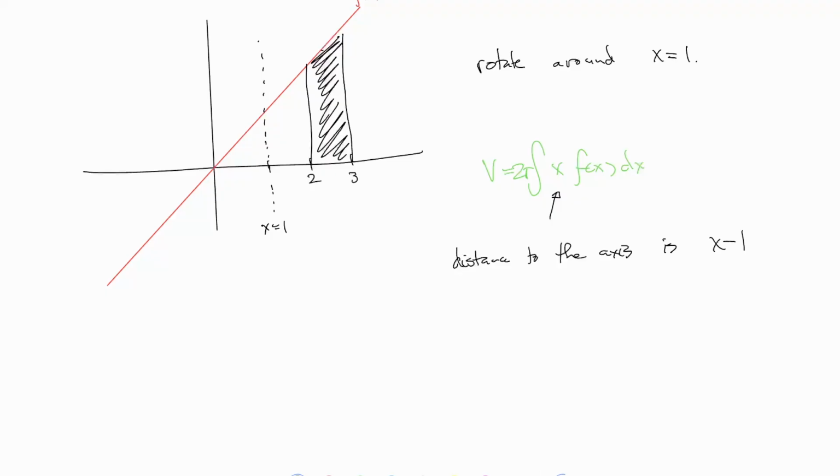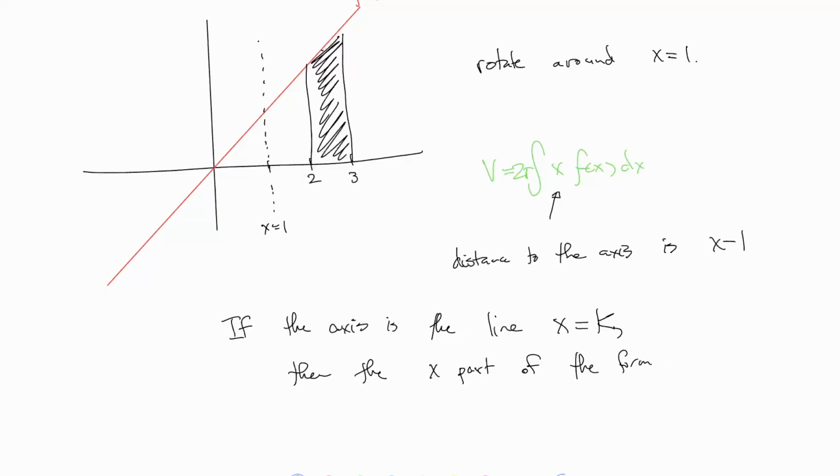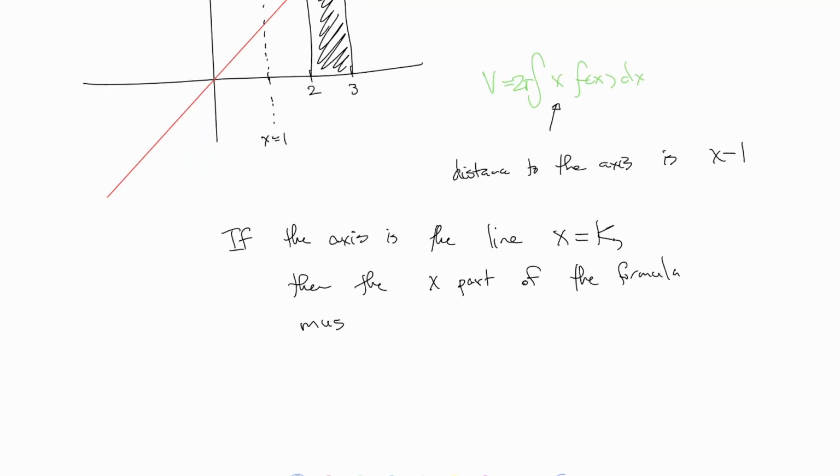This can be confusing to work out in your head, but lucky for us, it's not so hard to just memorize this. So this will always work. This is a fact. If the rotation axis is the line x equals k, just some vertical line somewhere, here it was x equals 1, then the x part of the formula must become x minus k.